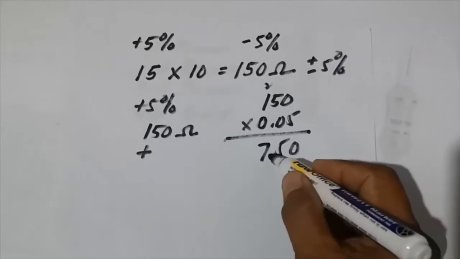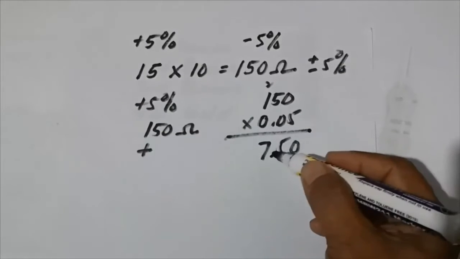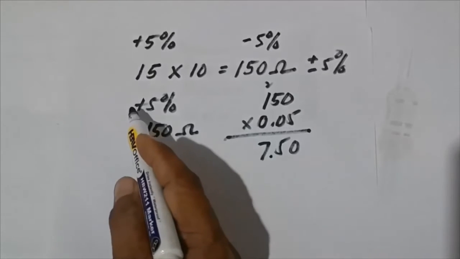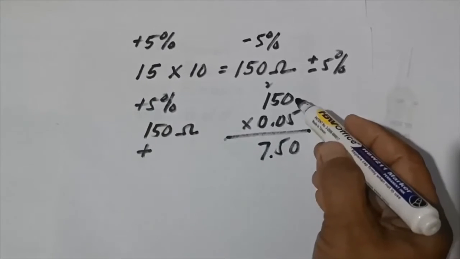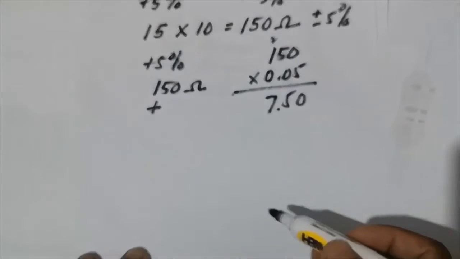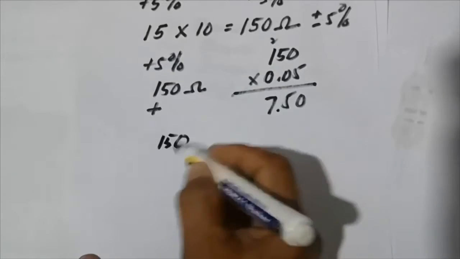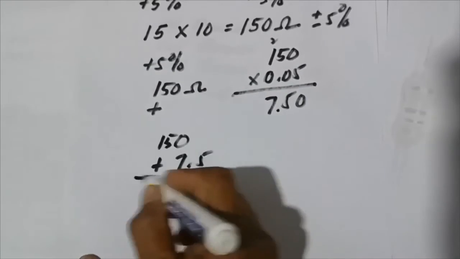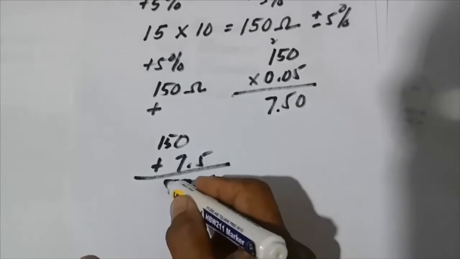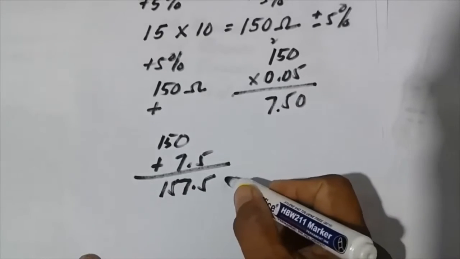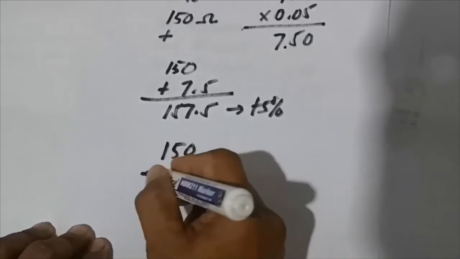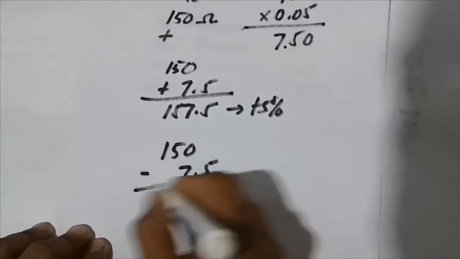So now to get the positive 5% of 150, we have to add 7.5 to 150, and the negative 5% will be subtracted from 150. So the positive 5% is 150 plus 7.5, that will give us 157.5 ohms. This is now your positive 5% of the tolerance. To get the negative 5% tolerance, we will be subtracting 7.5 from 150.